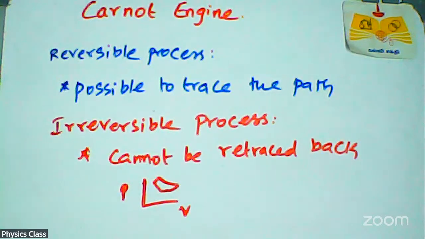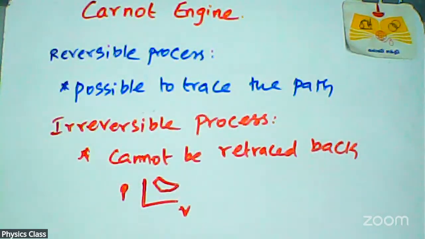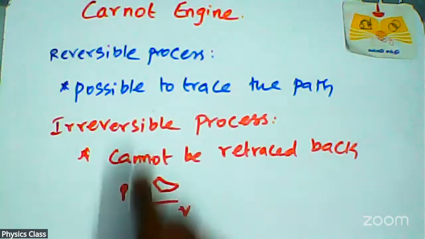Next, the Carnot engine. You may already be familiar with it. It is a reversible heat engine that operates between two temperatures. The Carnot engine undergoes a cycle of four processes, known as the Carnot cycle. Cycle means the process repeats itself.